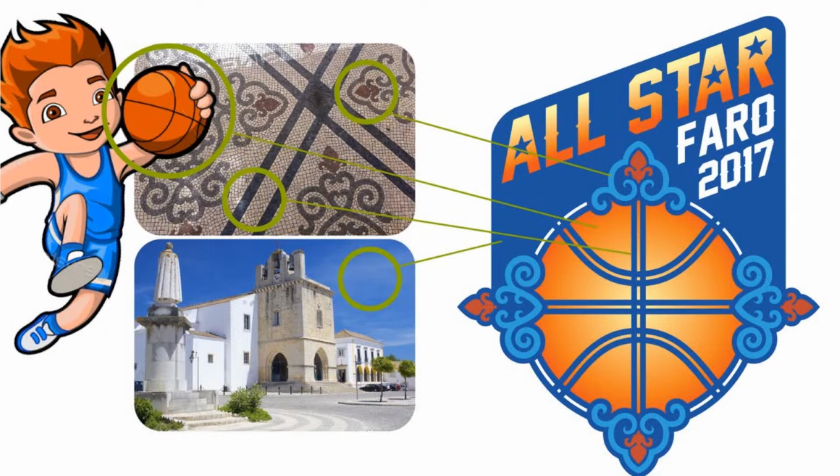What made it so that this logo could only belong to that city was the fact that it used the Portuguese stonework that is paving the main arteries, the main streets of the city.